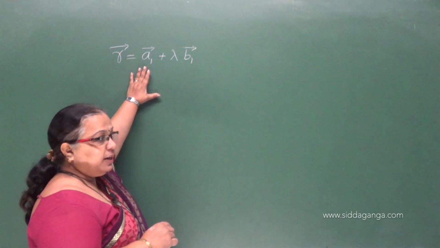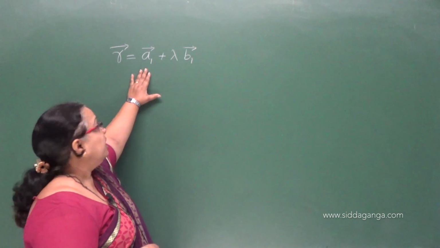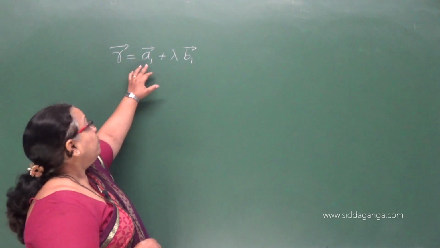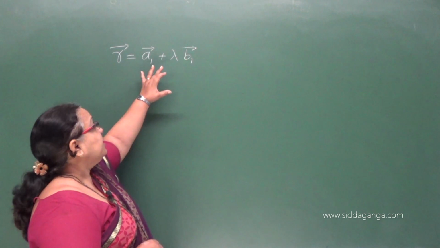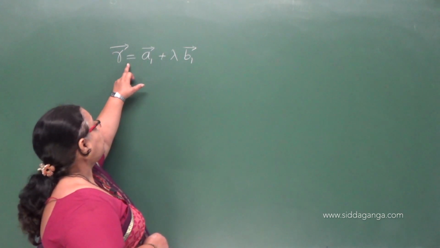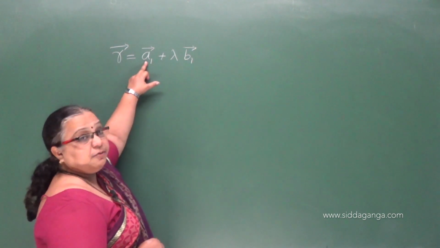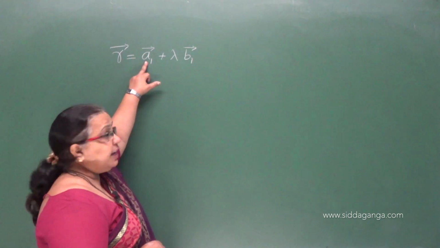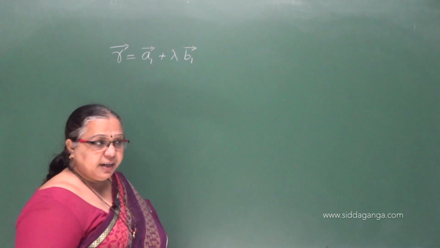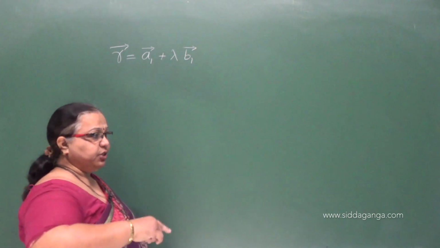We have to take the two line equations in that form. One is vector r equal to vector a1 plus lambda times vector b1, which means this line passes through the point whose position vector is vector a1 and it is parallel to vector b1, or we can say it is in the same direction.